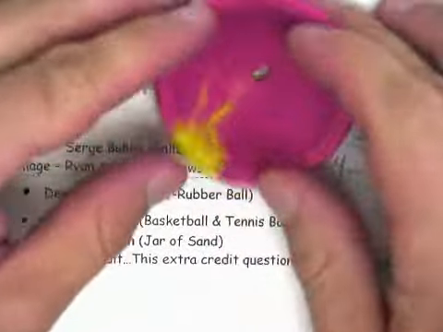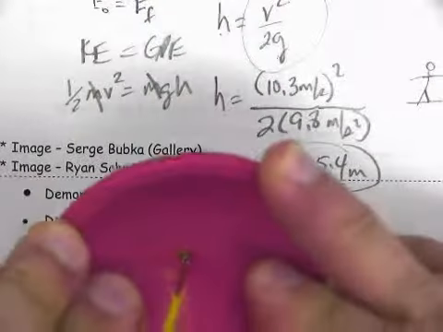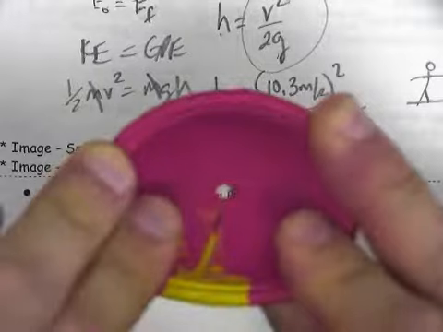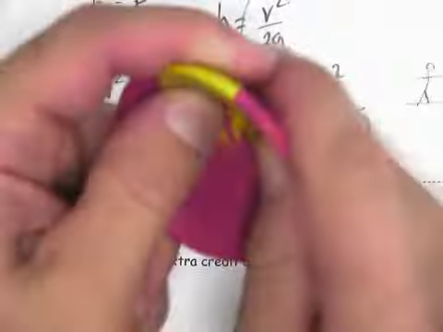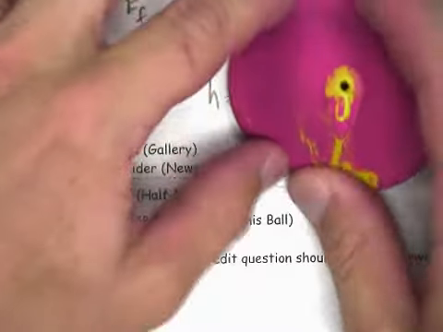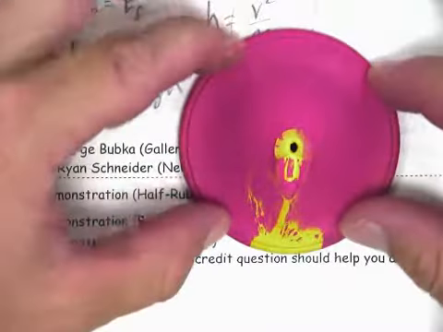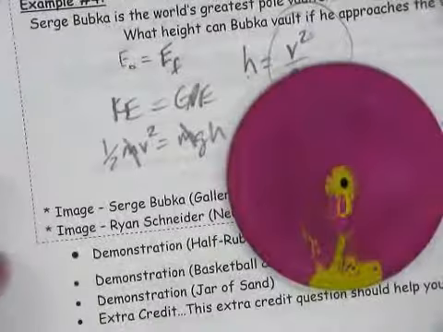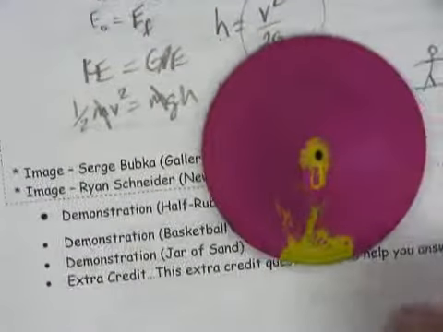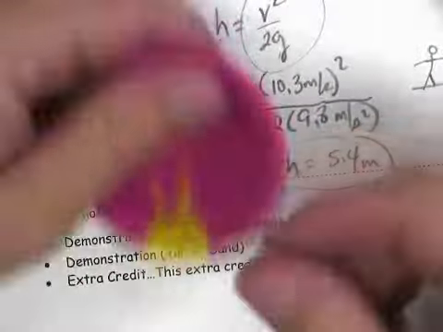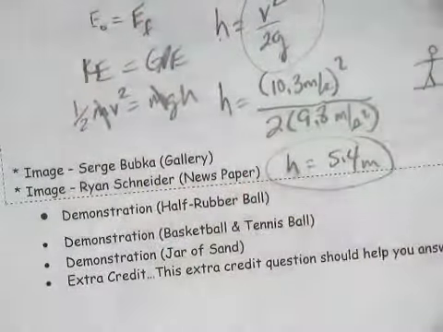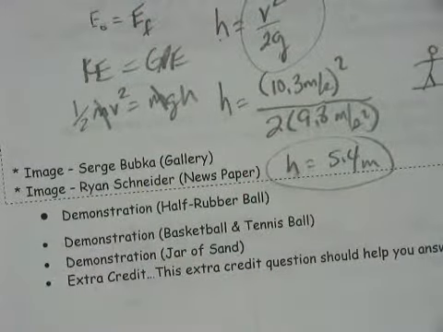I bet that rip, this is on video, I've never noticed that rip. Can you see that rip in there? Let's try one more time. There we go. So it converts the elastic potential energy into kinetic, and then kinetic all the way into gravitational. So that's one.